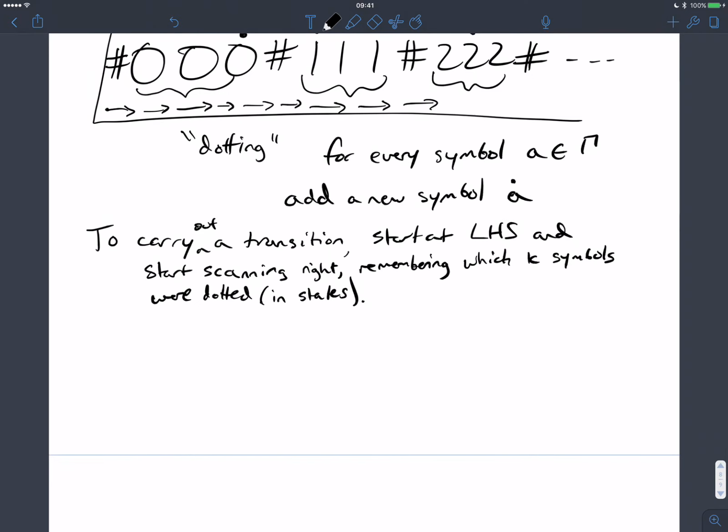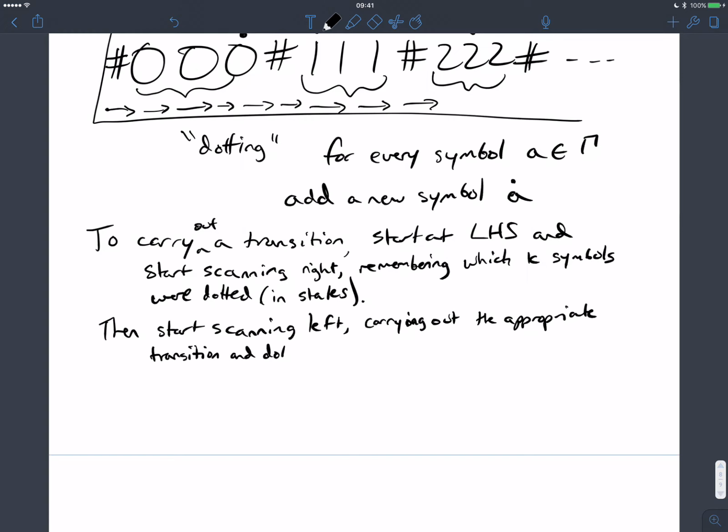Okay? So then start scanning left, carrying out the appropriate transition and dotting symbols as necessary.